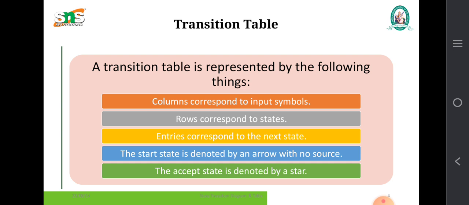By getting the input symbol, where does it pass, so what is the next state? The start state is denoted by an arrow with no source, and the accept state is denoted by a star. The accepted state is nothing but the final state.